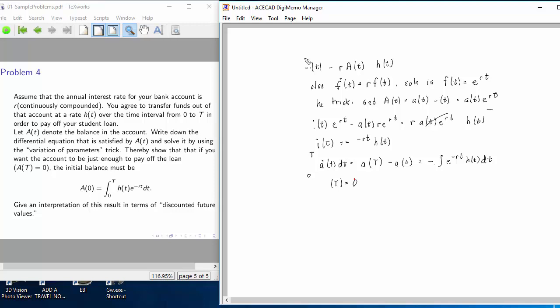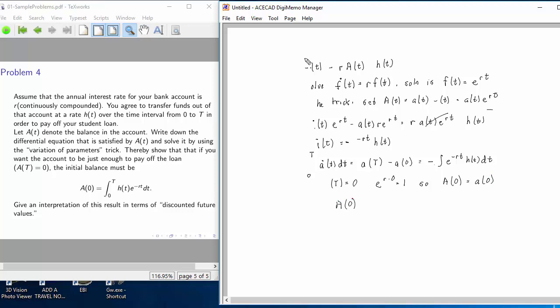At time 0, e to the r times 0 is equal to 1, and therefore capital A of 0 is the same as little a of 0. And what have I concluded?